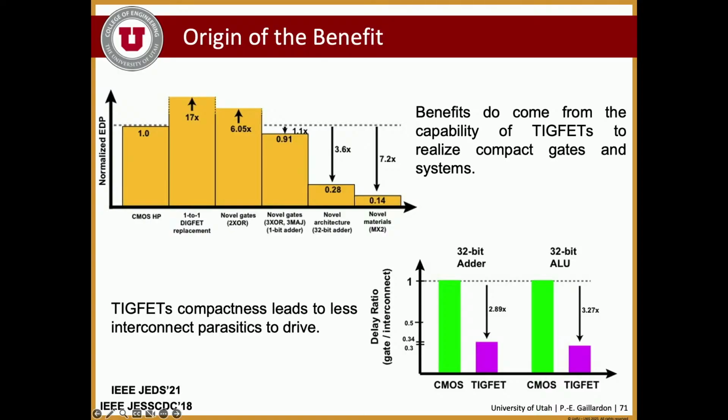And also a couple of interesting things to note, right? Because of the compactness of the gates and the new routing architectures you can come up with, you also reduce the length of your wires and therefore parasitics. So the gain starts compounding beyond just the device, right? So if you just look at the device level, it's not extremely promising, but it's really when you start looking way beyond that stuff.